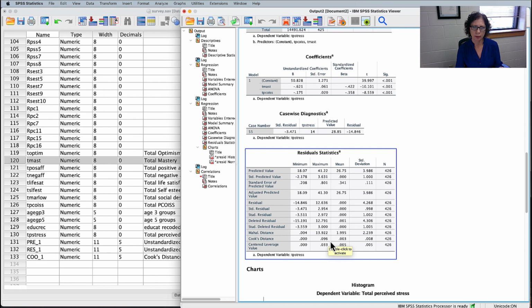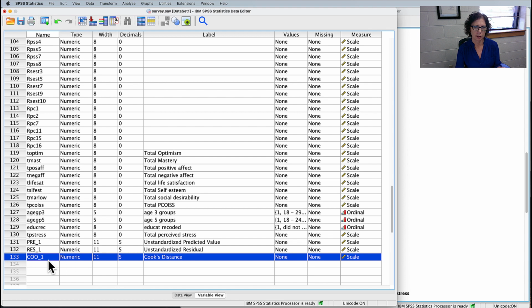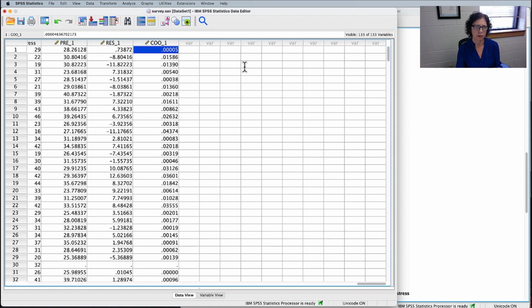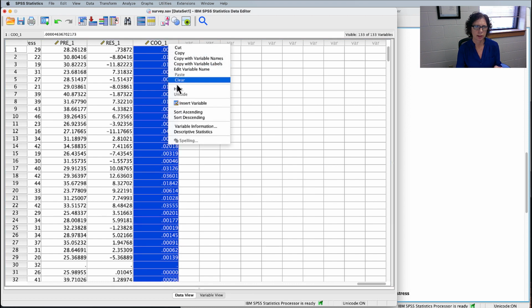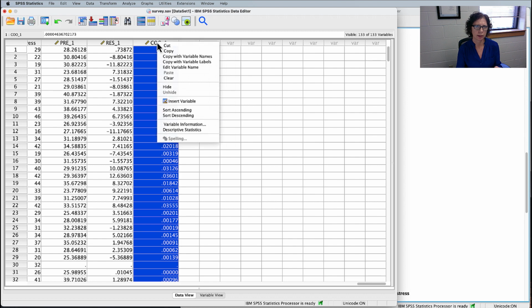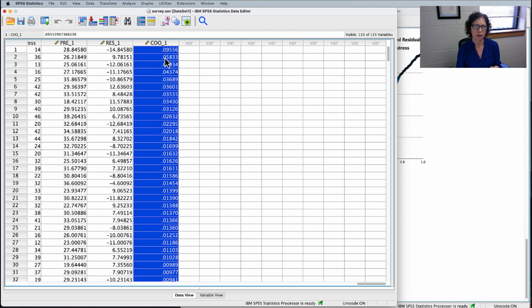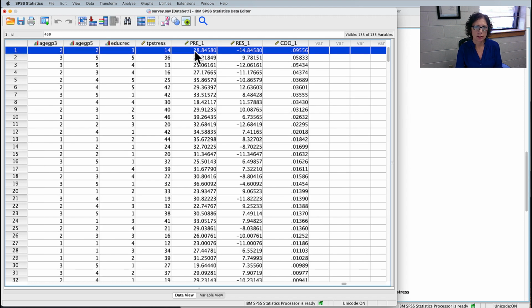And another way we can look at this, if we go to our data and we double click to get our Cook's distance there on data view, we can sort this descending. So I right click the column and I put sort descending so that it puts that biggest one up top. So this is the one that could be considered the outlier.